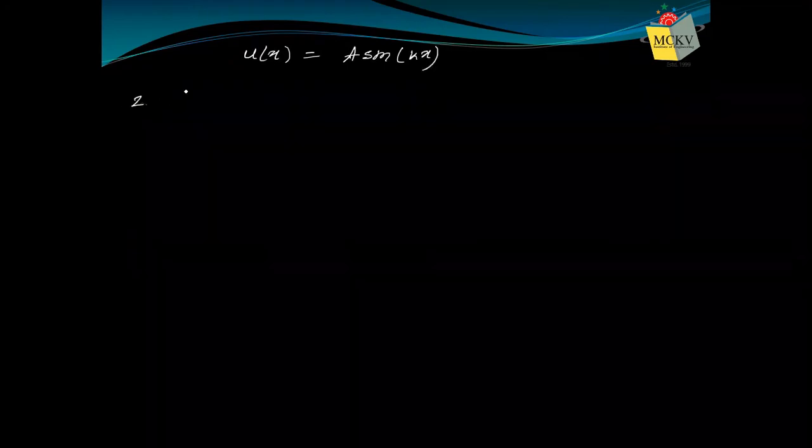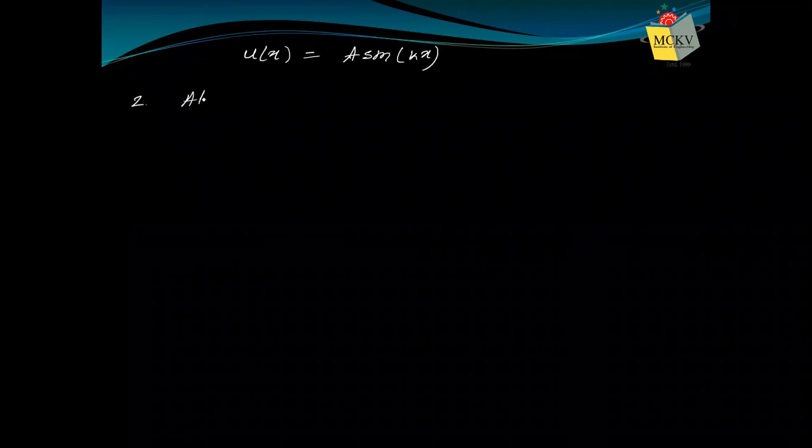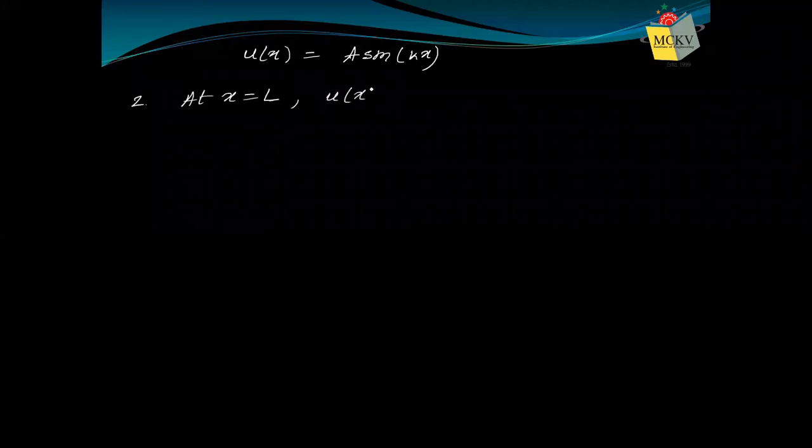Now condition 2. It says at x equal to L, that is the other boundary, the wave function is again 0. That means 0 equals a sine kL.